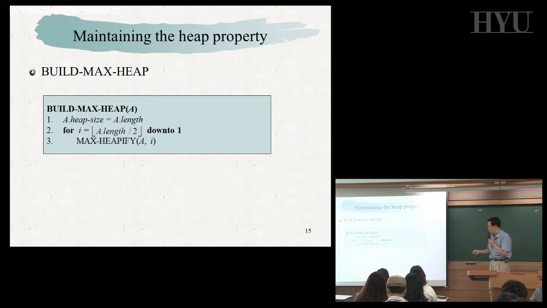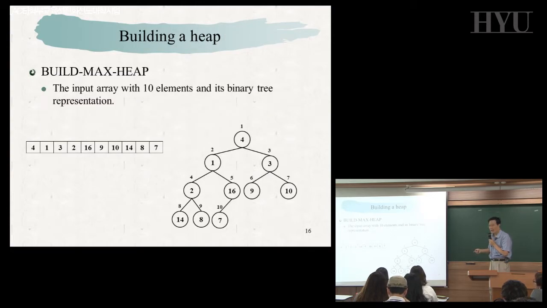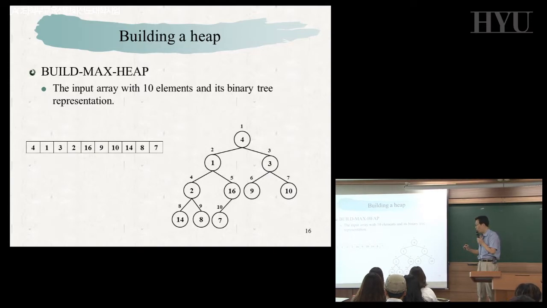So we run max heapify from the bottom to top. But look at this. We don't have to apply max heapify for these nodes. It has only one. It is a leaf. So we don't have to apply max heapify to them. So we start from here.